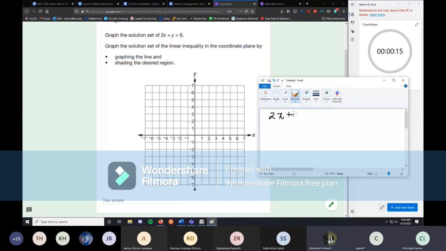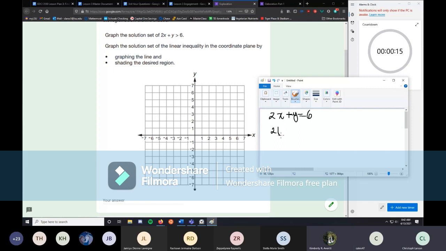We'll start by treating it like an equality to get the line. If we want to get the point on the line, we substitute 0 in for either x or y.